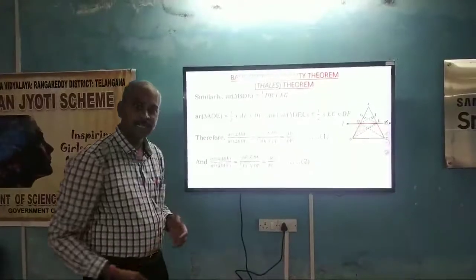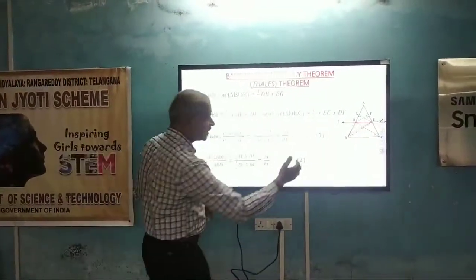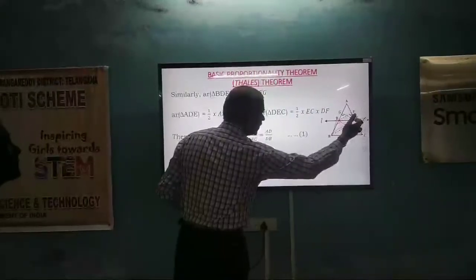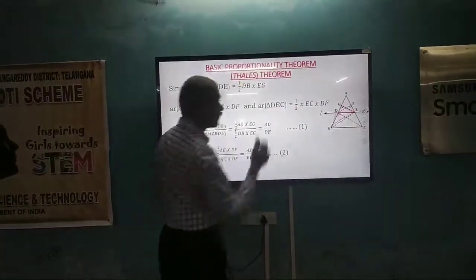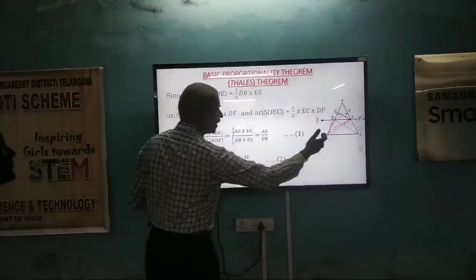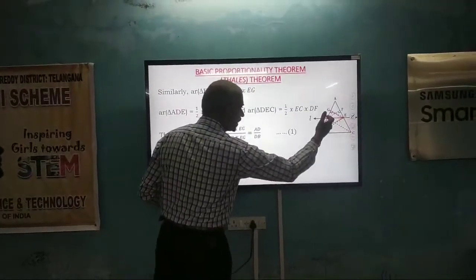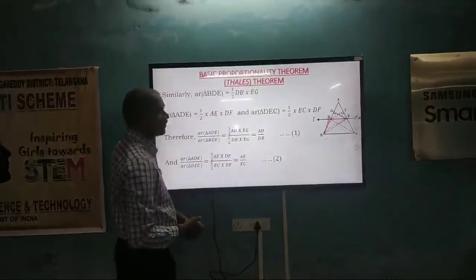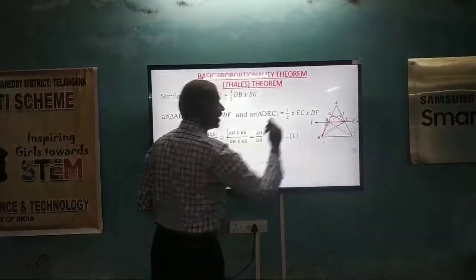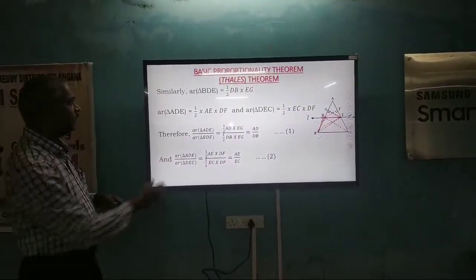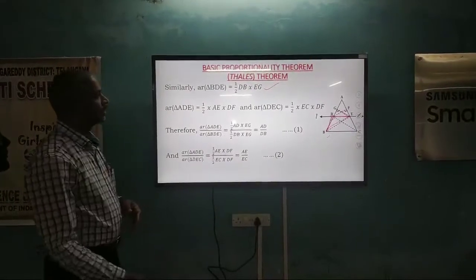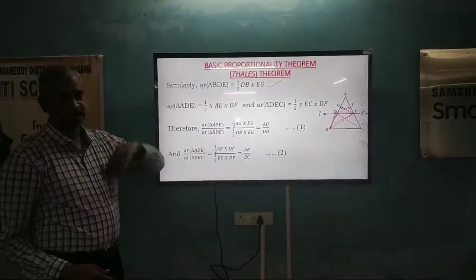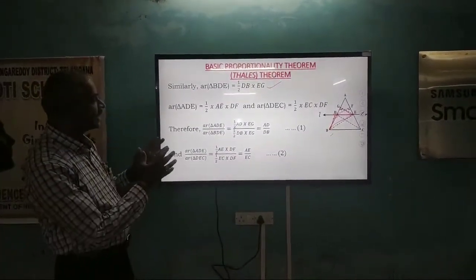So here EG will be the height of BDE also. If you want to find the area of BDE, if you take BD as base, then EG will be the height. Now area of BDE is equal to half into BD into EG.